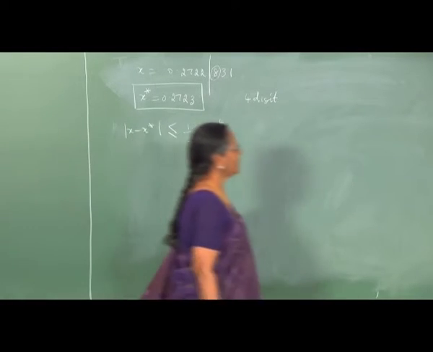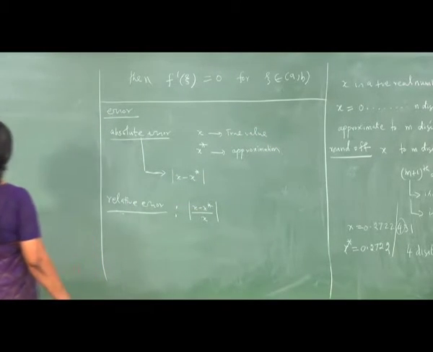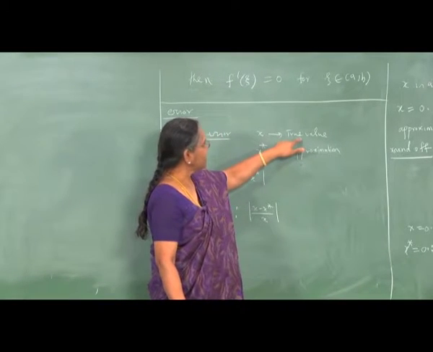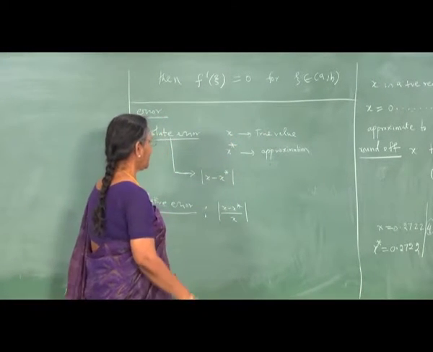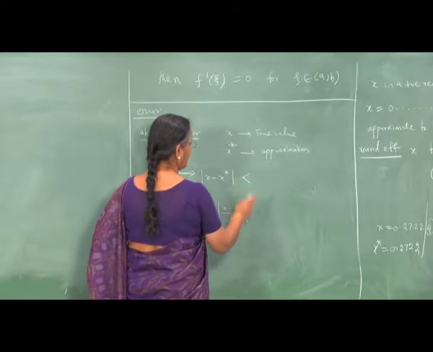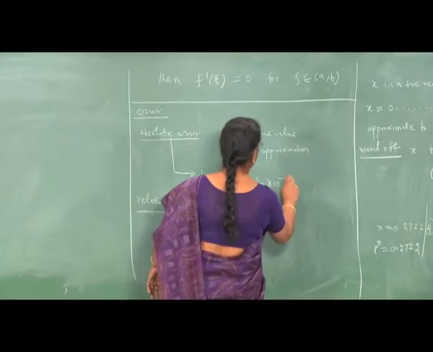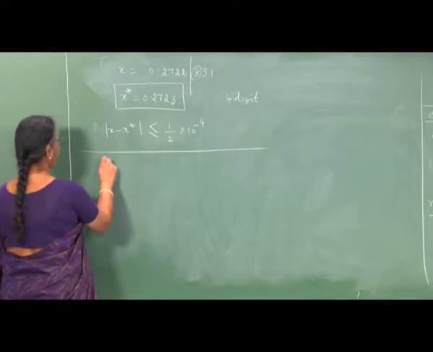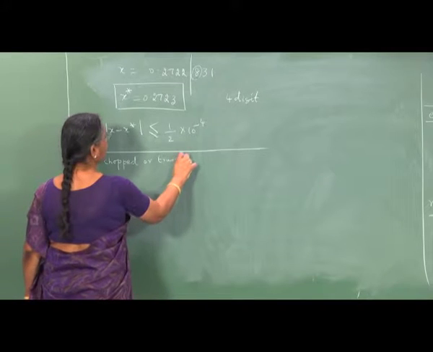So, in general, if you obtain your approximation correct to m decimal places by rounding the true value x, then your absolute error will be less than or equal to half 10 to the power of minus m. Let us now see another way of approximation of a positive real number, namely the chopped or truncated approximation.